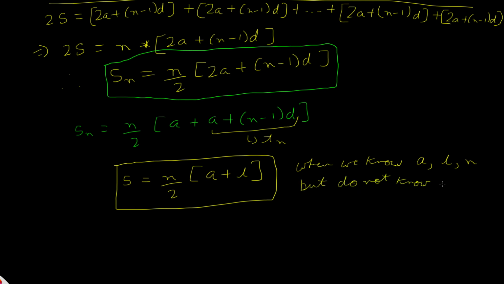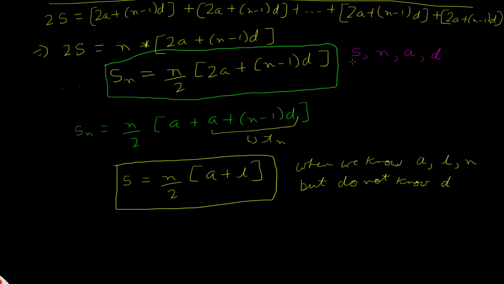One more thing to keep in mind is that this formula consists of n, a, d and S. So there are 4 variables here: sum of AP, the number of terms, the first term and the common difference.